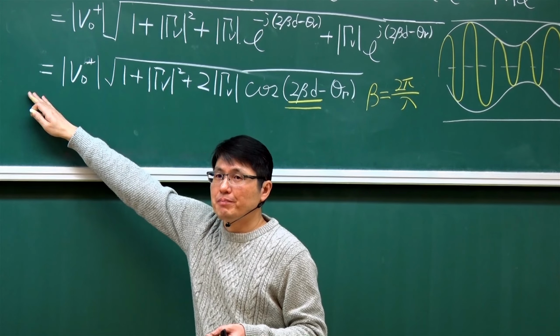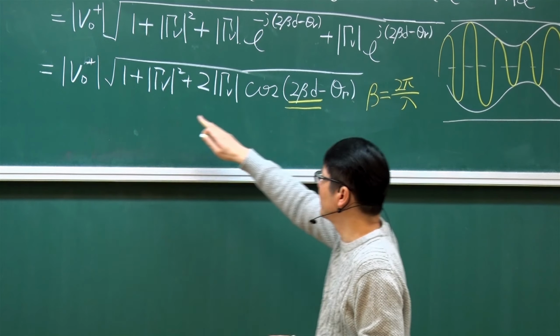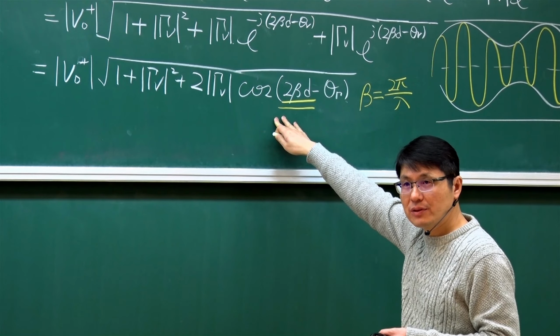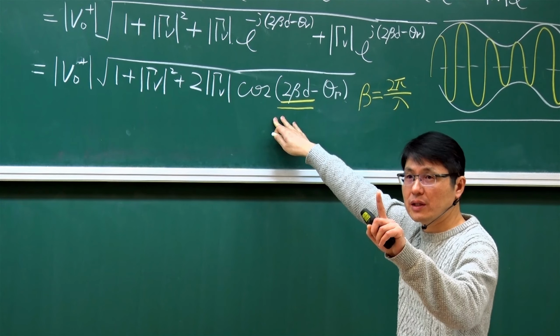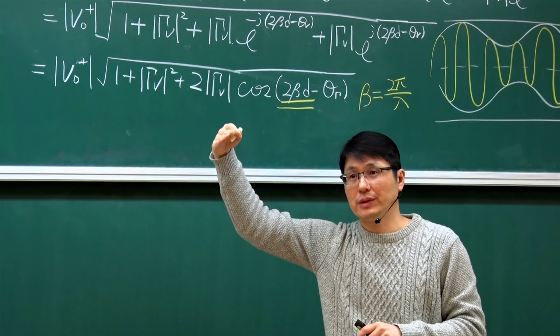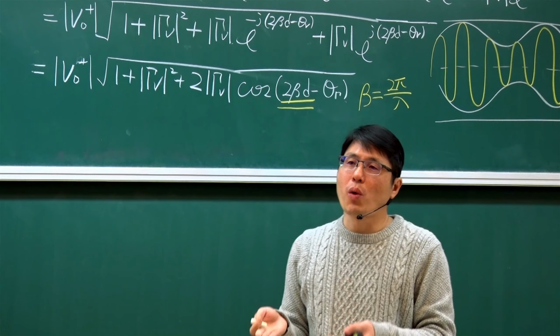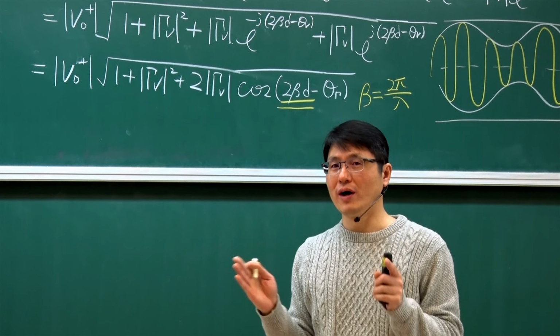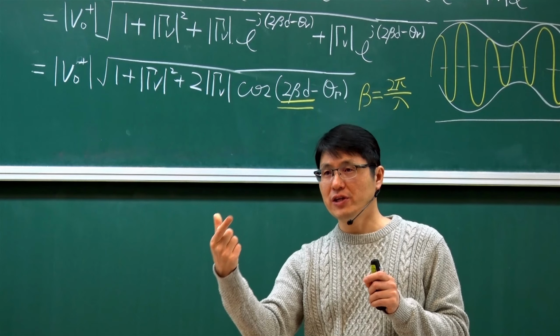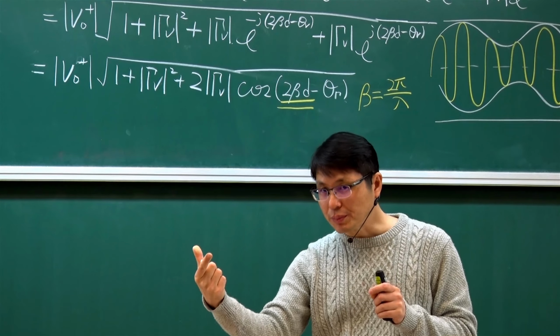Standing wave voltage maximum happens when this cosine takes the value of 1. Cosine oscillates between -1 and 1. So what is the requirement for cosine to be 1? The phase inside should be an integer multiple of 2 pi.